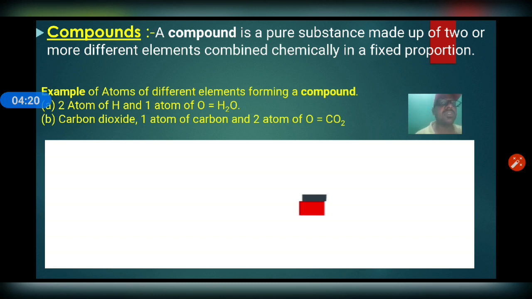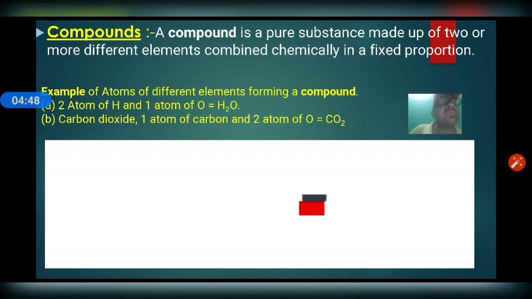Here I am going to give examples like water. Water is a compound because two atoms of hydrogen combine with one atom of oxygen. And all these oxygen gas and nitrogen gas are present in the environment in the form of molecules.